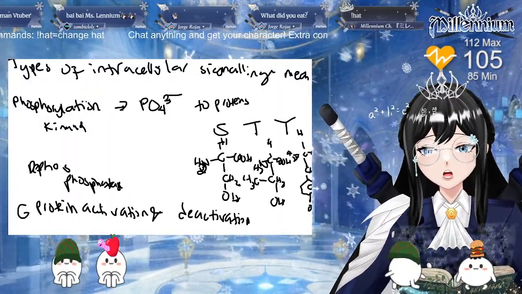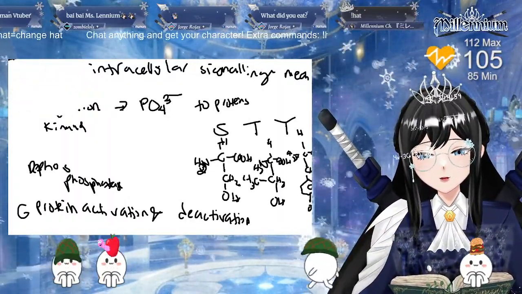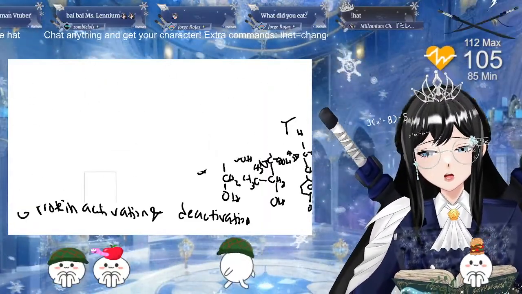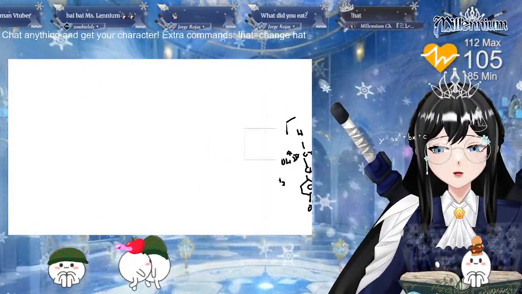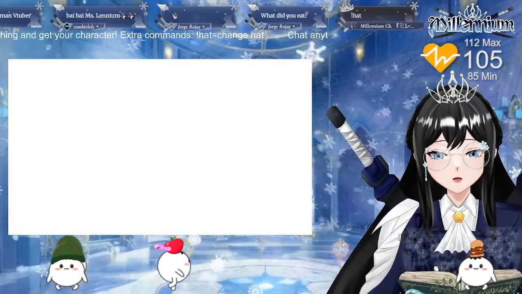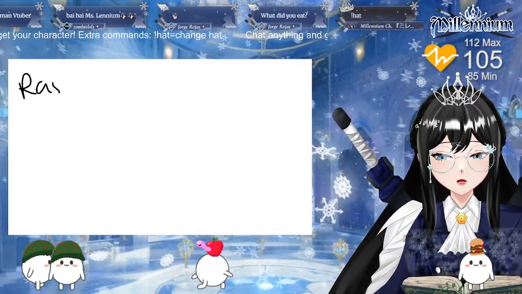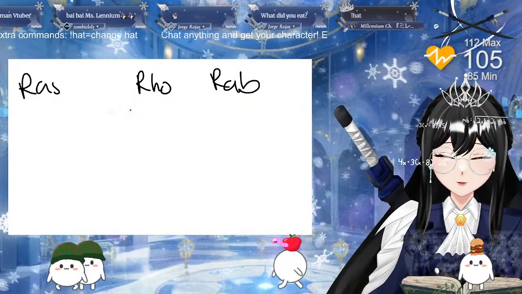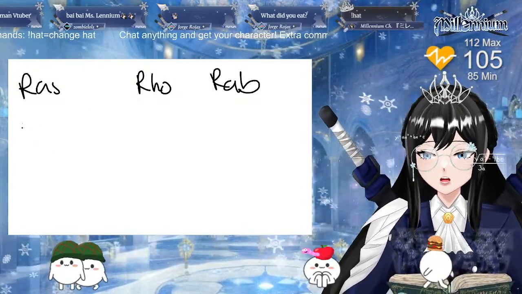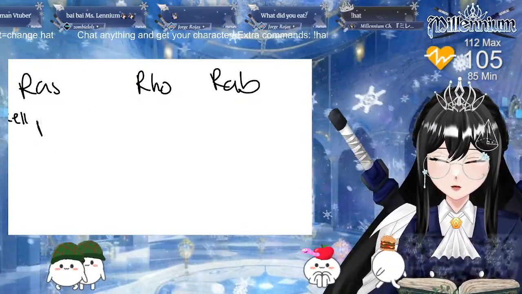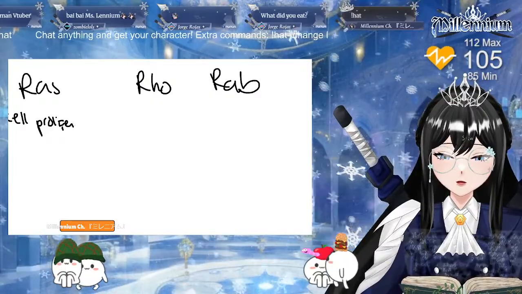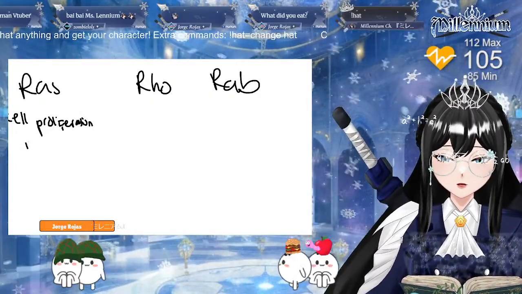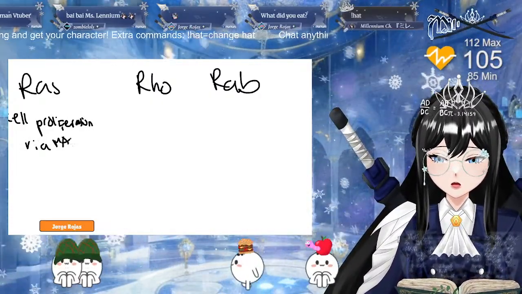Okay, I think this one needs to be written. It looks like a table. RAS, Rho, and RAB. Okay, so RAS is cell proliferation via MAP kinase.